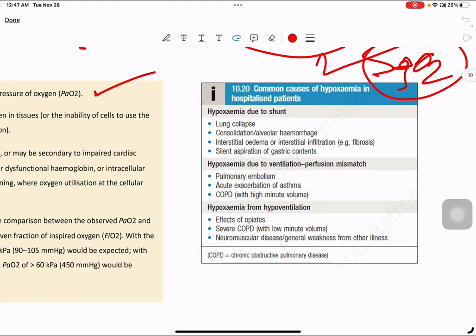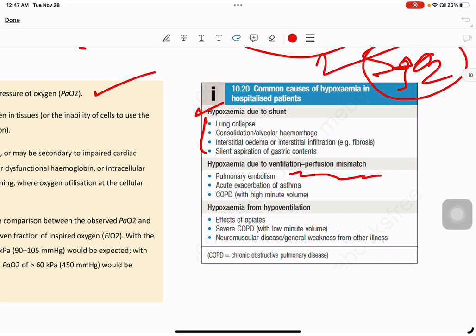There are common causes of hypoxia in a hospitalized patient. Hypoxia due to shunt: lung collapse, consolidation, alveolar hemorrhage, interstitial edema, interstitial infiltration, silent aspiration of gastric content. There are also causes due to ventilation perfusion mismatch, which occurs in pulmonary embolism, acute exacerbation of asthma, or acute exacerbation of COPD.